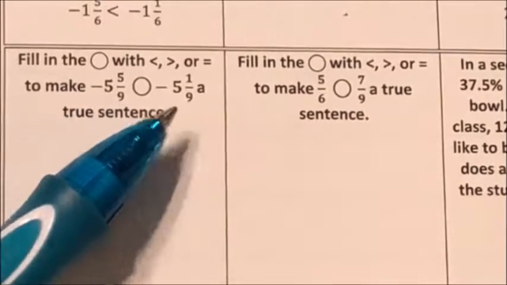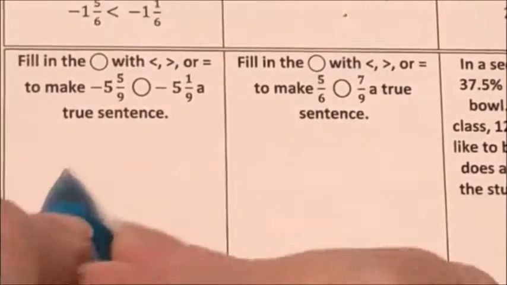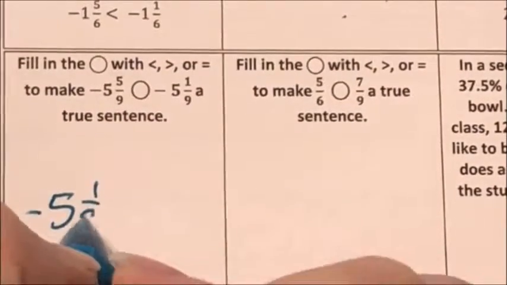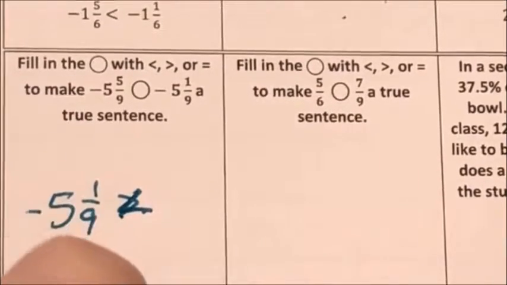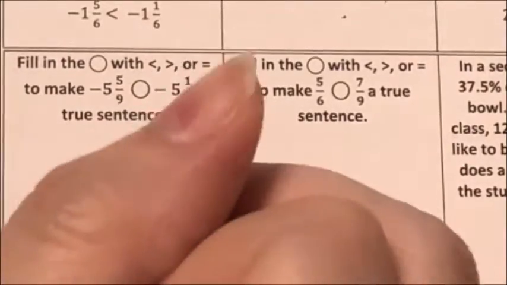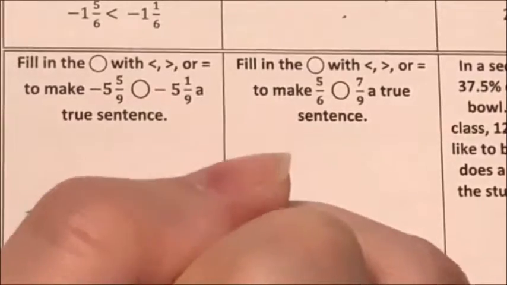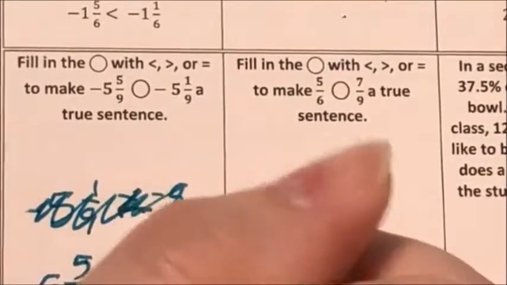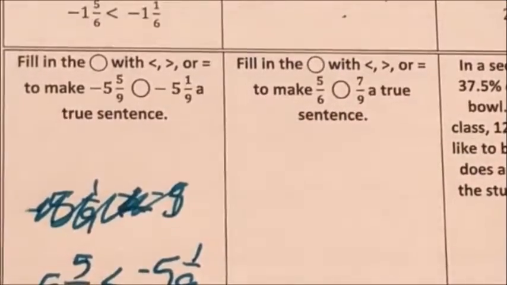So 5/9 and 1/9. 1/9 is closer to 0. So that means -5 and 1/9 is greater than -5 and 5/9. Oops, sorry. -5 and 5/9 is less than -5 and 1/9.